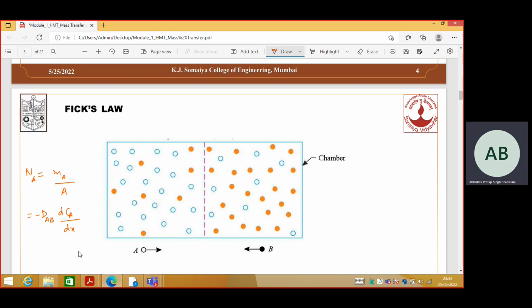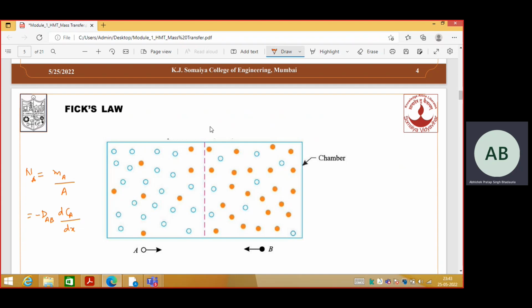What is the meaning of this? M_A represents the mass flow rate of species A by diffusion in kg per second. A represents the area through which the mass is flowing, in meter square.